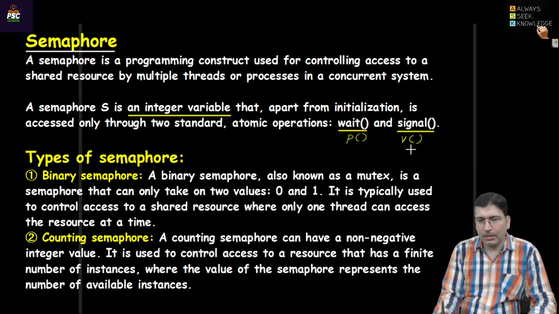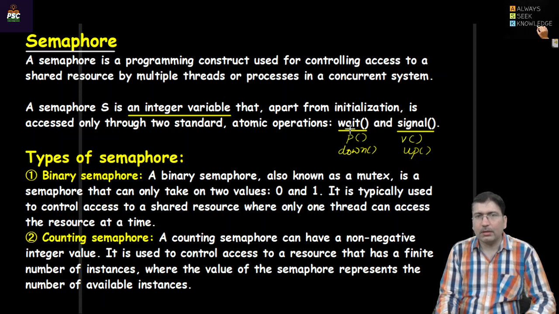Signal operation is also known as up operation, and wait operation is also known as down operation. So these are synonymous to each other. In some places or in any question, you may find wait or P or down; the meaning is the same. Signal, V or up, the meaning is the same.